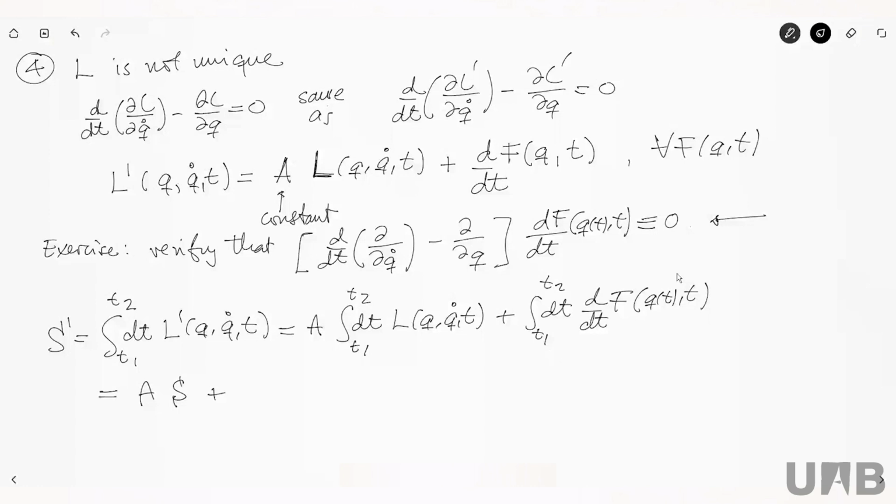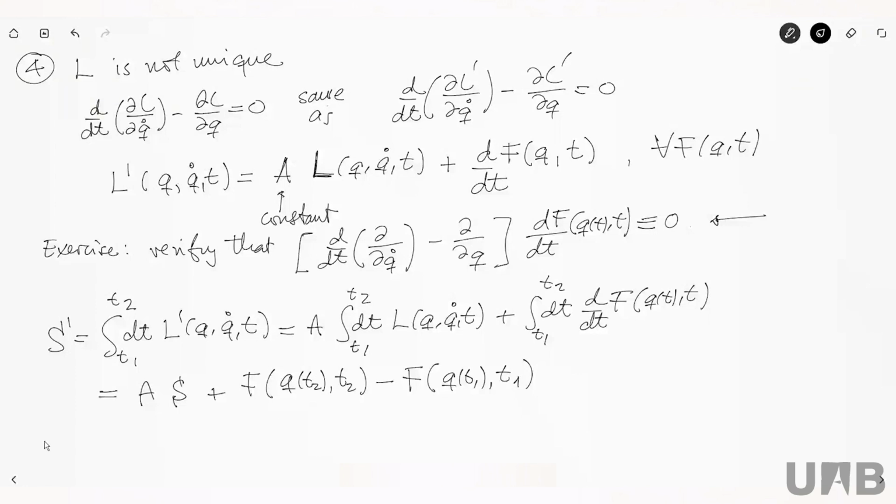I have the integral of a derivative. What is the answer to this integral? It's the function f of q evaluated at t2, minus f evaluated at t1, f of q of t1. So that's what I'm adding: this difference of the function f.